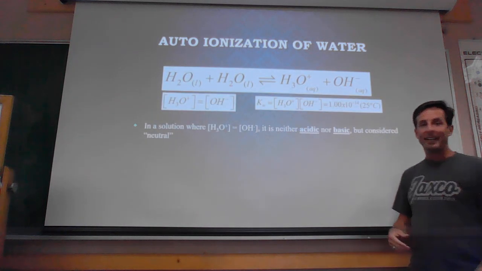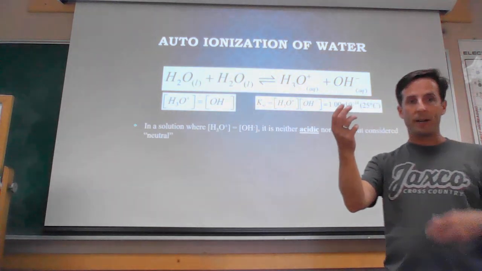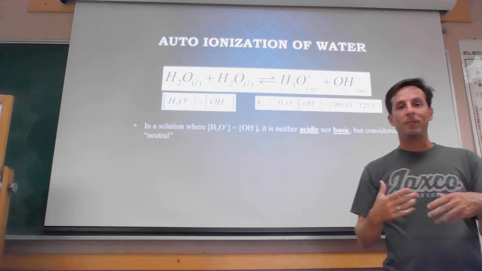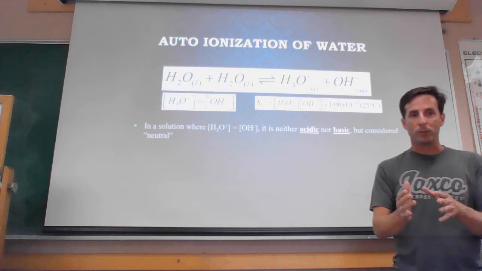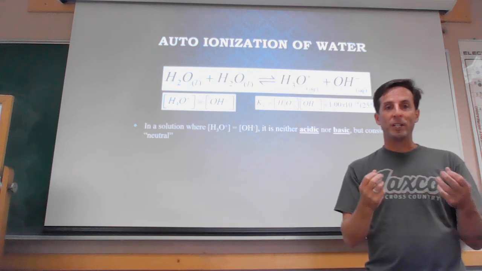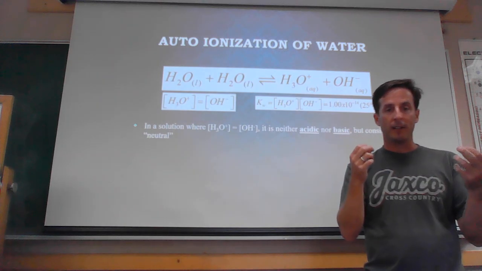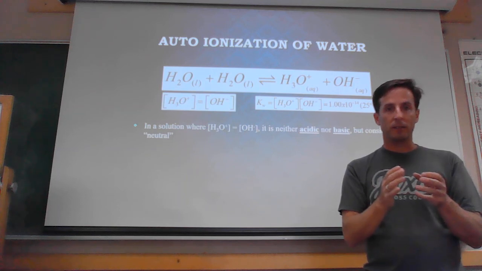So, in pure water, the H3O and the OH concentration are equal. Now, when we define a solution to be either acidic, basic, or neutral, what we're looking at is the ratio of the H3O to the OH concentration. When they're equal, the solution is not acidic or basic.